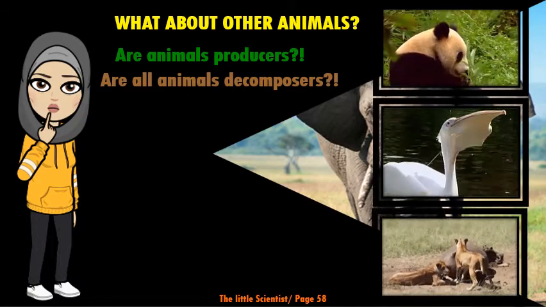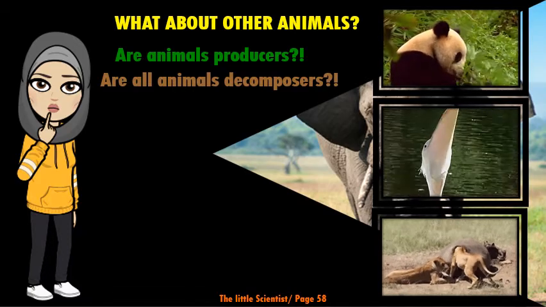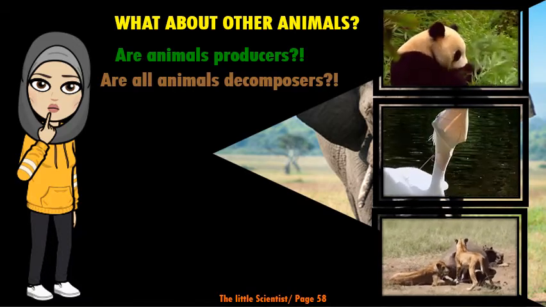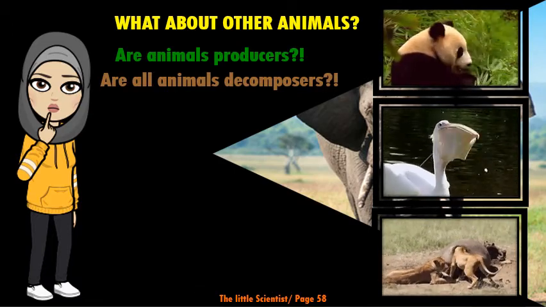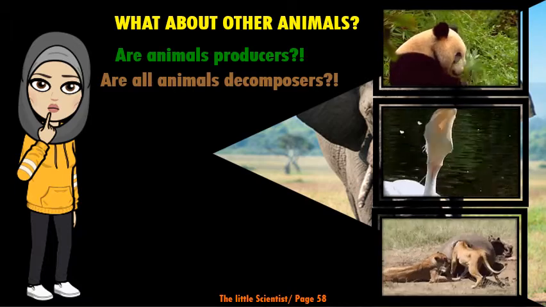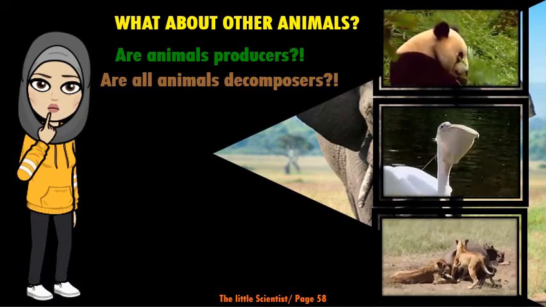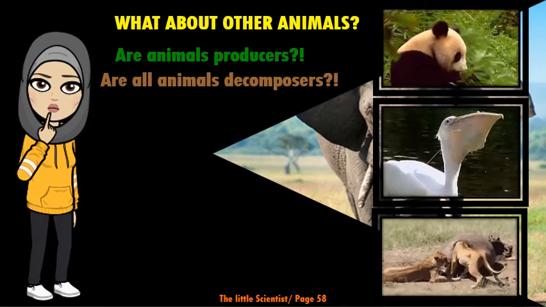Let's take these 3 examples. A panda, a bird, which is a pelican, and the lions. What do these animals feed on? Do they produce their food? No, for sure. Animals aren't producers, like we said. Are they decomposers? Are they decomposing or breaking down dead bodies?